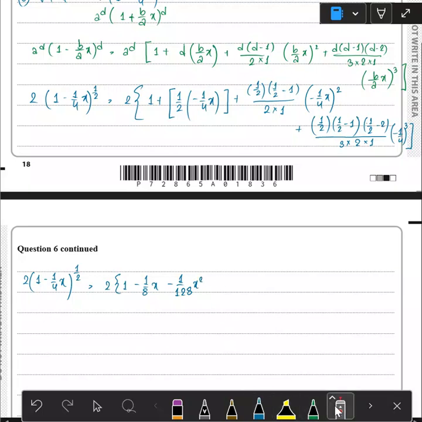And then if you put this in the calculator, half multiplied by half minus 1 multiplied by half minus 2 divided by 6 multiplied by, sorry, there I missed x, so this would be negative 1 by 4x whole cube. Then you'll get a value of positive 1 by 1024 x cube.